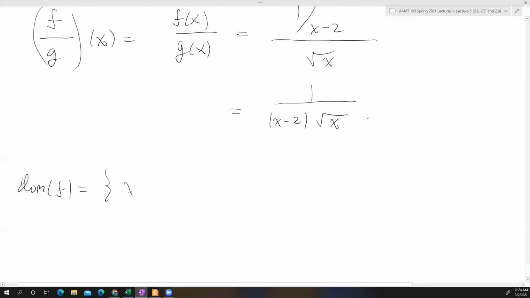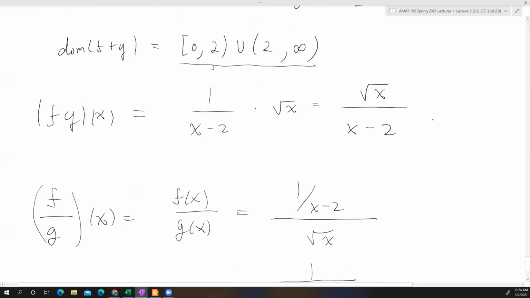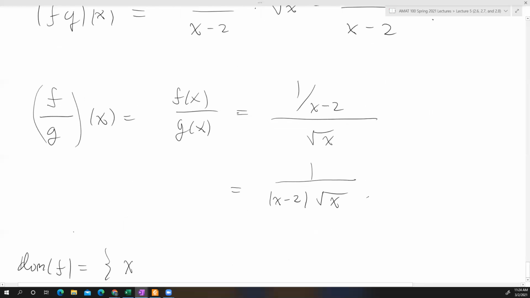The domain is all the x in the intersection of those two domains, but we determined that up here. It's this right here. So all the x in 0 to 2 union 2 to infinity, such that g of x is not 0.